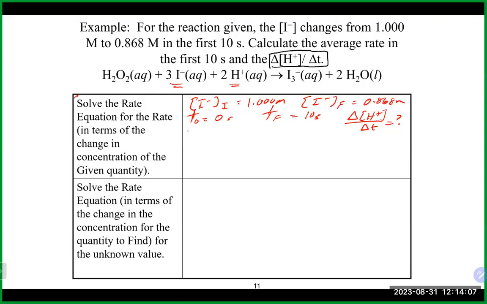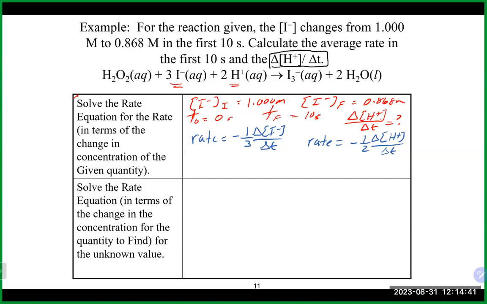For our I minus, the rate would equal minus 1 over 3 because of the coefficient, also negative because it's a reactant, times the change in the concentration of I minus over the change in time. For our H plus, that rate would equal also a negative because it's a reactant, 1 over 2 in this case, times the change in the concentration of H plus over the change in time. Any questions on that so far?